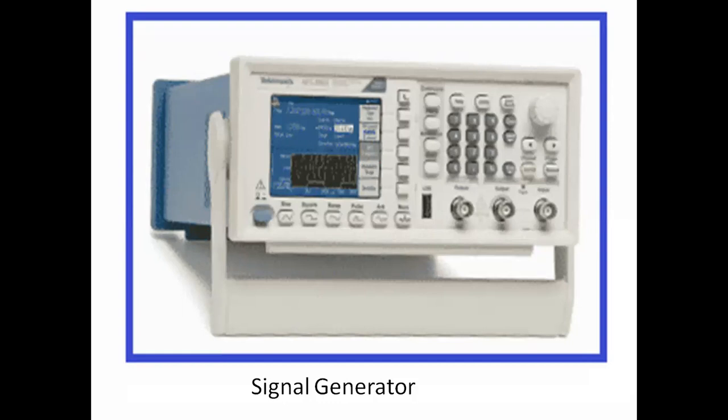What is the output response? They analyze input and output. What are the gain variations? How is the frequency response changing? In the lower range of frequencies, how is the transistor working in the amplifier stage? Suppose we have to measure the characteristics of a CE amplifier. Like that we can use the signal generators for laboratory purposes.